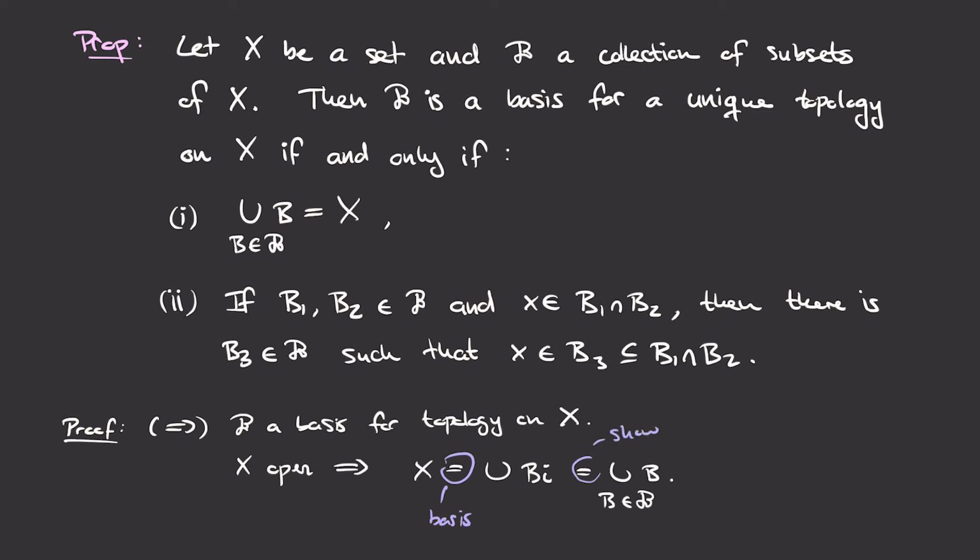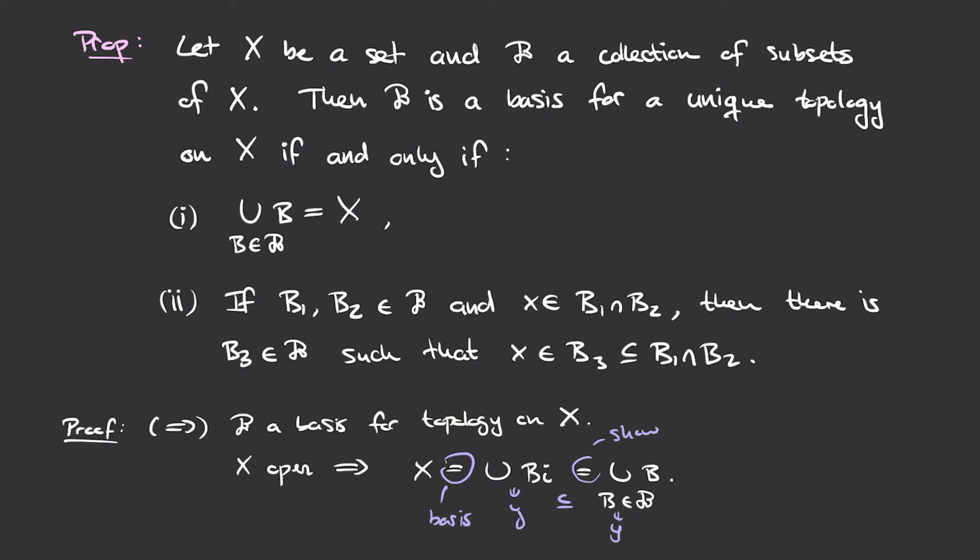So suppose that we take some element Y in this union. Well, then obviously it's also going to be contained in this union, which is a union over all the basis elements because, well, this is a larger set that we're unioning over. So this inclusion in this direction is clear.